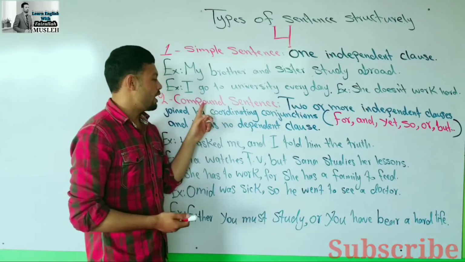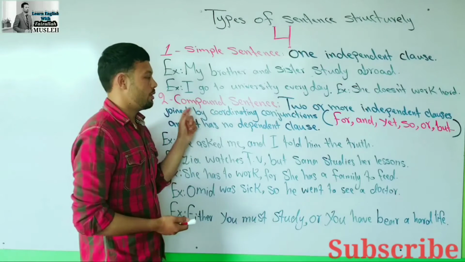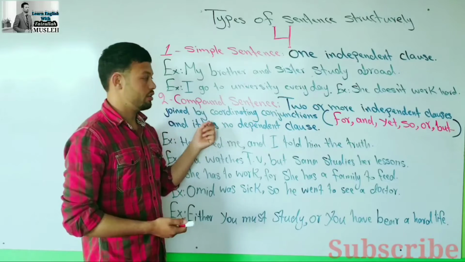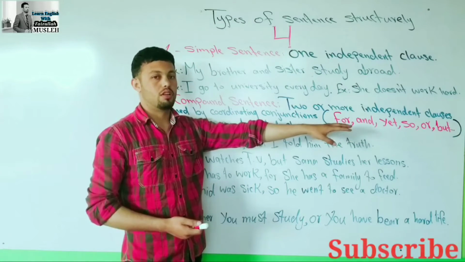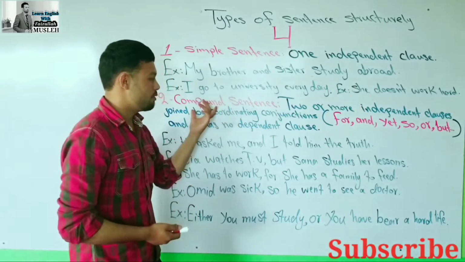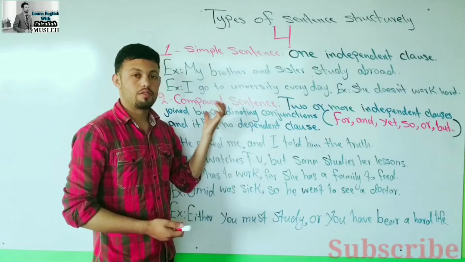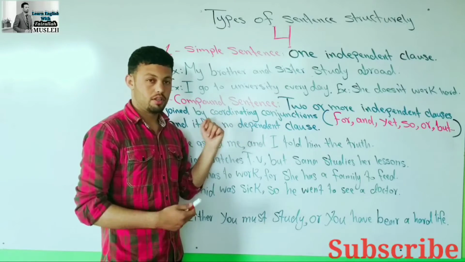Now we have a compound sentence too. What's a compound sentence and how can we make a compound sentence? 2 or more independent clauses. Remember, in a compound sentence, we also do not have dependent clauses. We only have independent clauses.